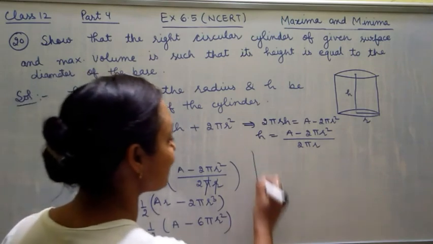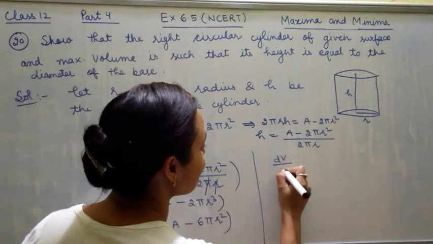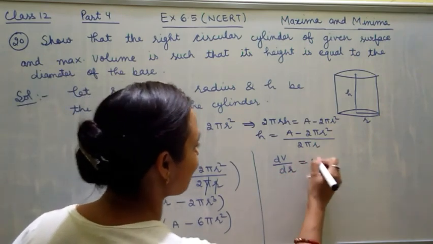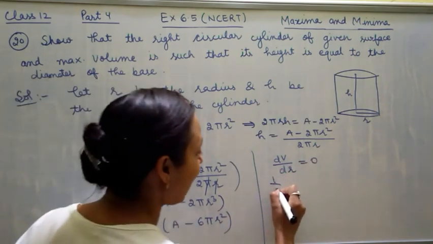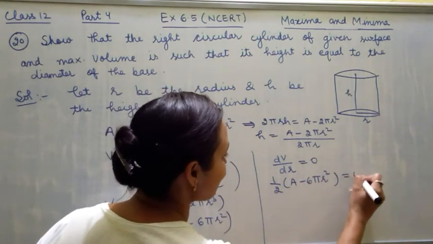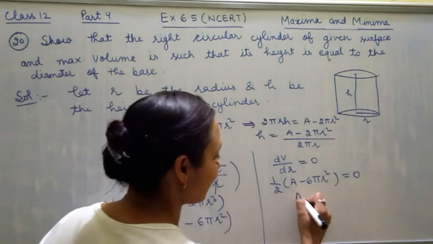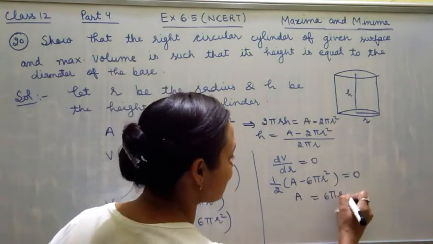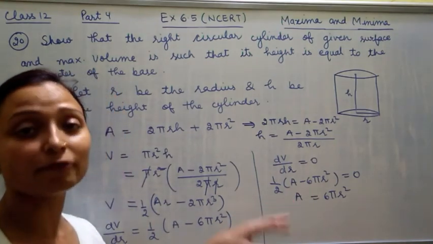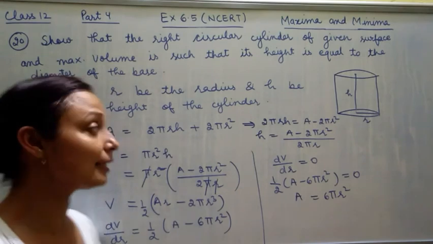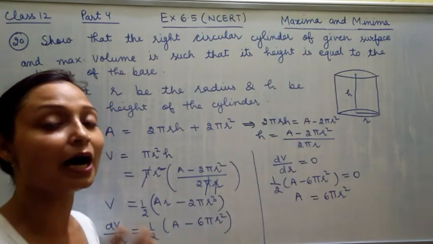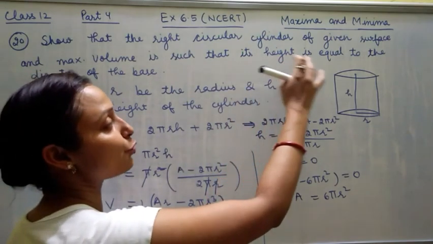Then half of A minus 6 pi r square is equal to 0, and A is equal to 6 pi r square. I don't want the value of A, I want the relation in the form of r and h, so that I can show h is equal to 2r. That is the required thing: h should be equal to 2r.